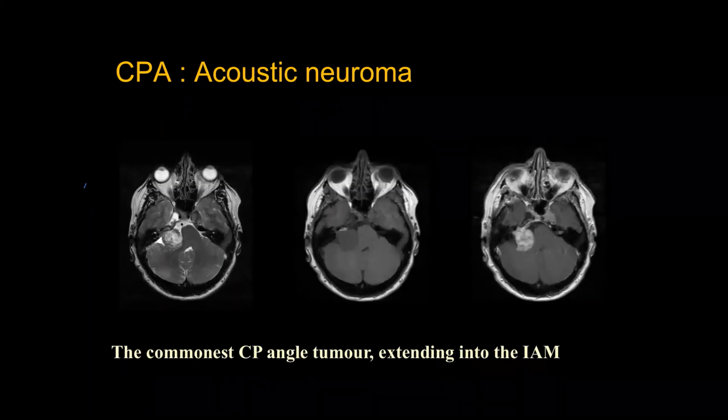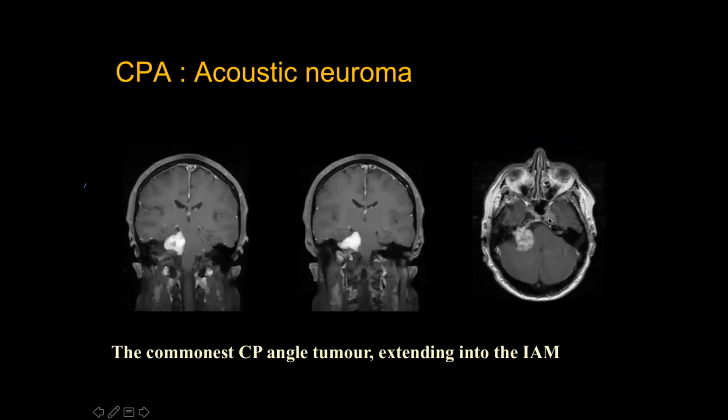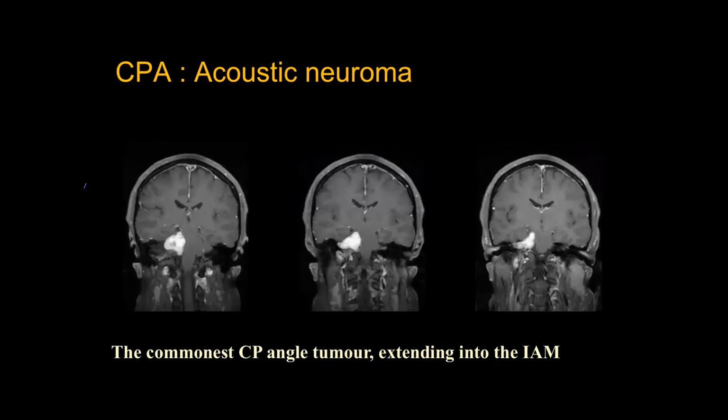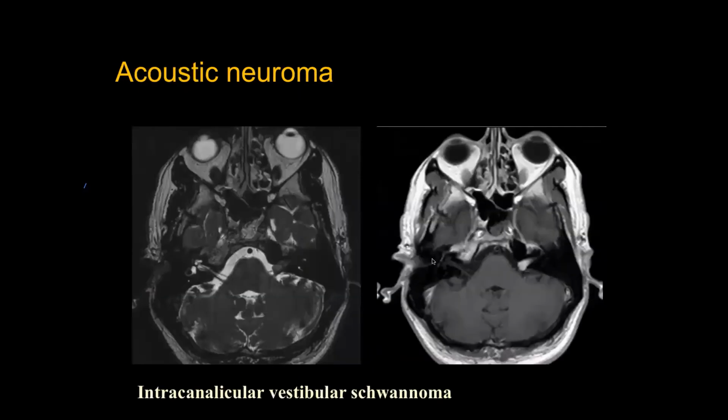That's the commonest lesion. In this case, a second lesion on the left side, and a paracavernous lesion extending into Meckel's cave. This is NF2. You can have a small lesion just expanding the internal auditory canal, enhancing with contrast, again like an ice cream cone.